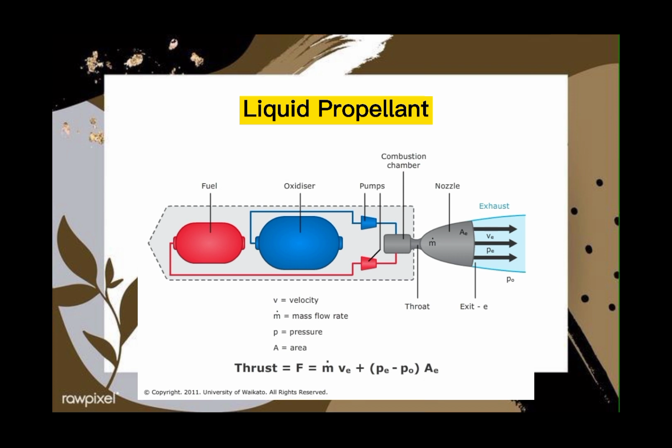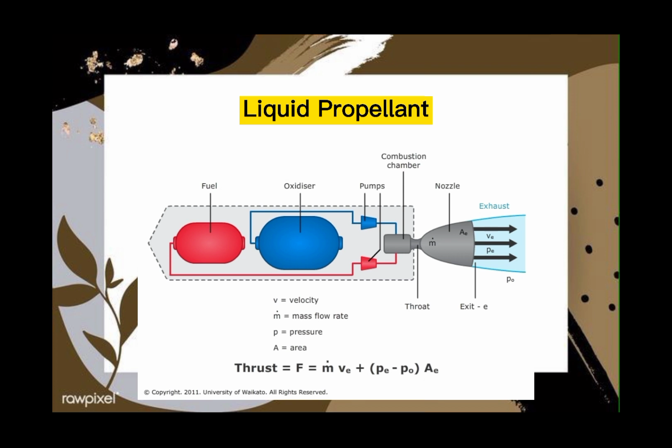All of these variables depend on the design of the nozzle. The smallest cross-section area of the nozzle is called the throat of the nozzle. The hot exhaust flow is choked at the throat, which means that the Mach number is equal to 1.0 in the throat, and the mass flow rate m dot is determined by the throat area.